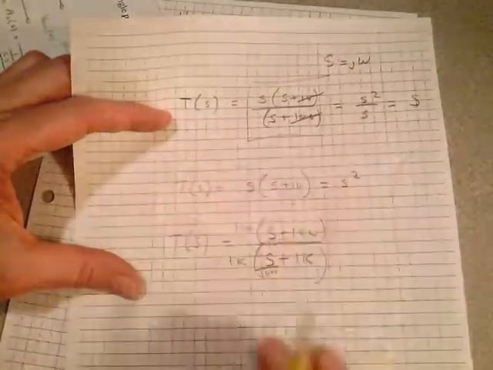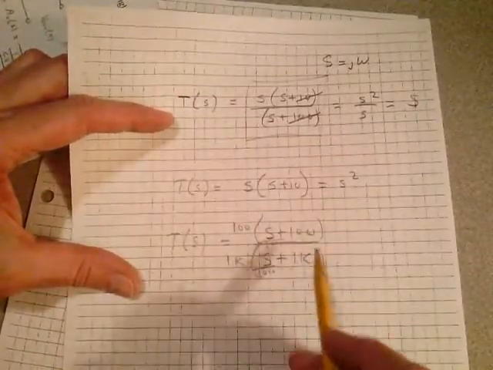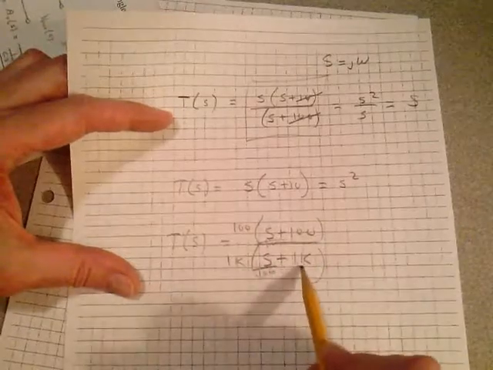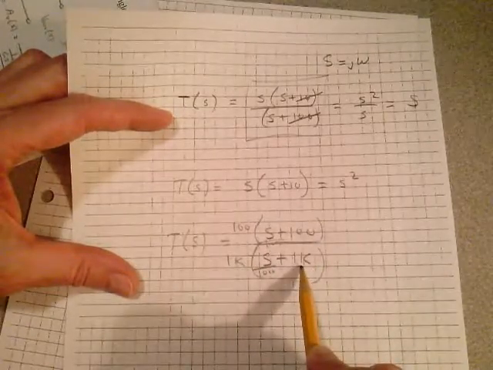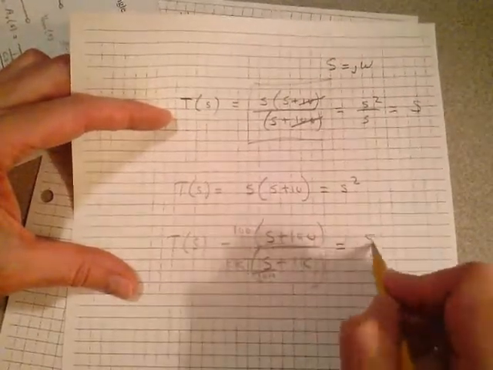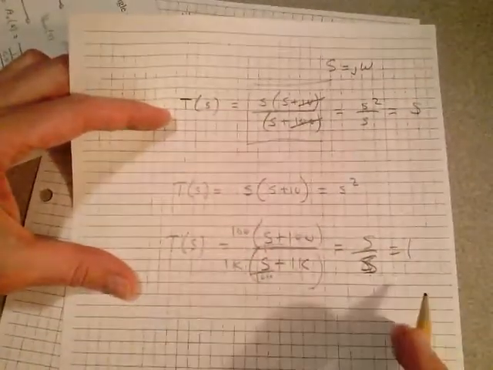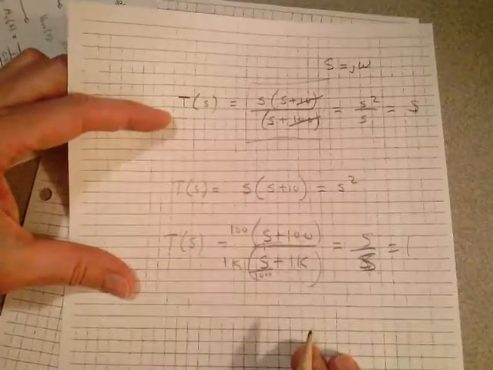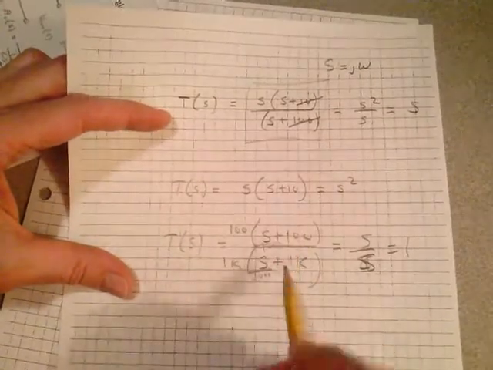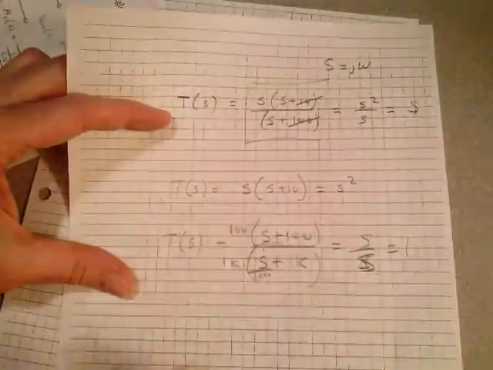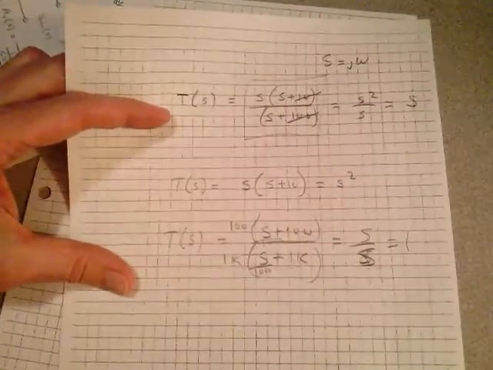I'm not worried about that. I'm just saying this is S plus 100 over S plus 1K. Well, as S dominates, that simply becomes S over S, which is equal to 1, which means no angle. This cancels out that. And we had problems like that. We end up back at 0.